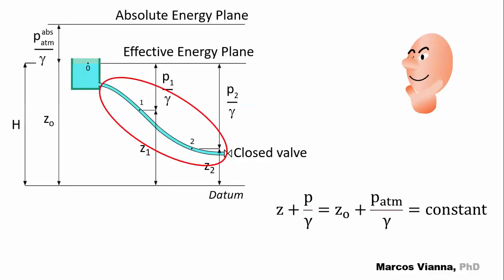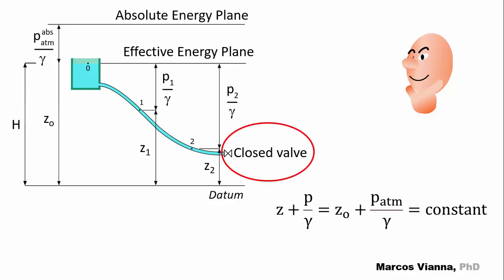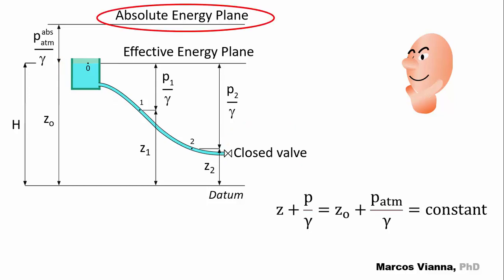Take a look at this figure. It represents what happens in a pipe which has in its upstream extremity a reservoir and in its downstream extremity a closed valve. When we sum the height Z naught with the height P atmosphere over gamma, we reach a horizontal plane named absolute energy plane.